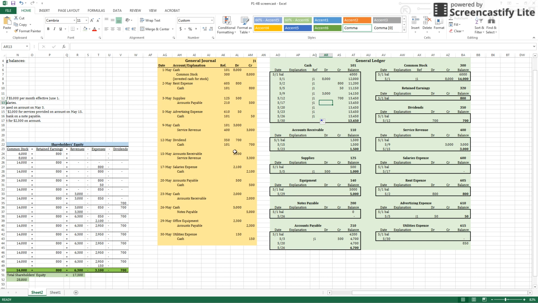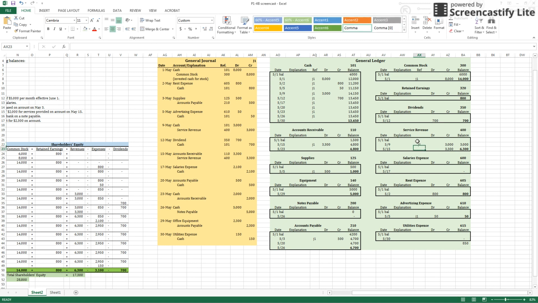Then on the 15th, our accounts receivable went up by $3,300, so we would put that as a debit over here in accounts receivable in J1, and that's account 110. So this is how you post all of these different journal entries. Our service revenue, we have another $3,300 in service revenue.